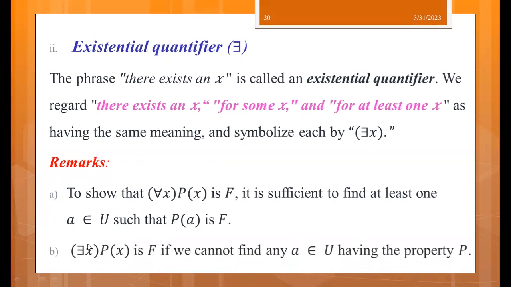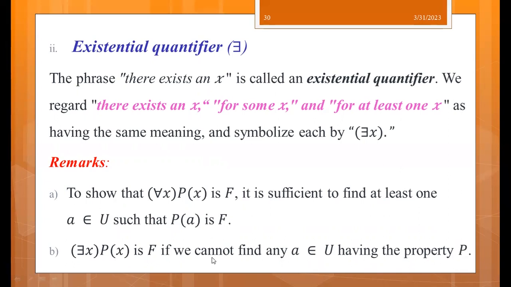Similarly, consider a quantified proposition quantified by the existential quantifier, that is, there exists an x, or for some x, P of x. This quantified proposition will become true if we can find at least one a, which is an element of U, that can satisfy the property of this function.